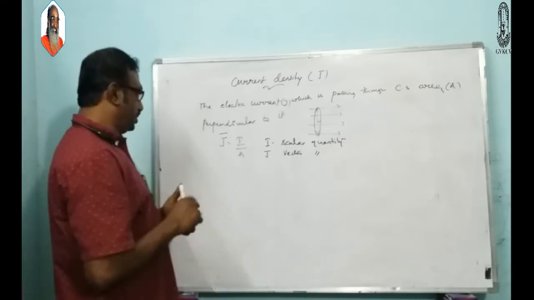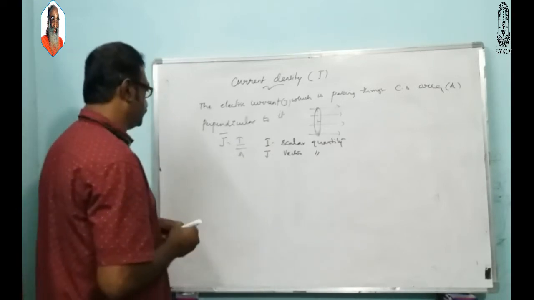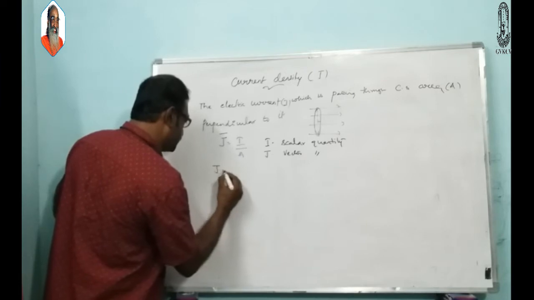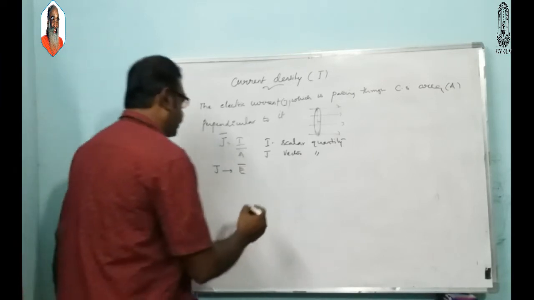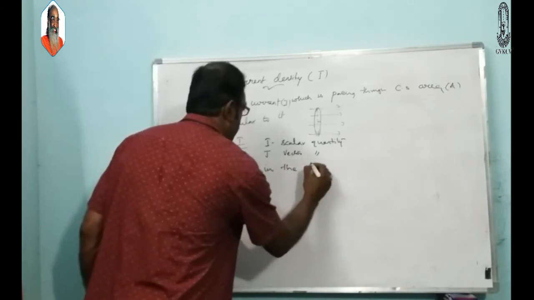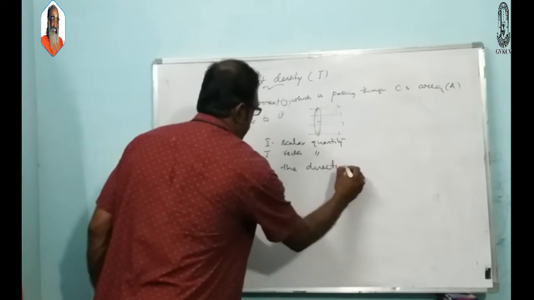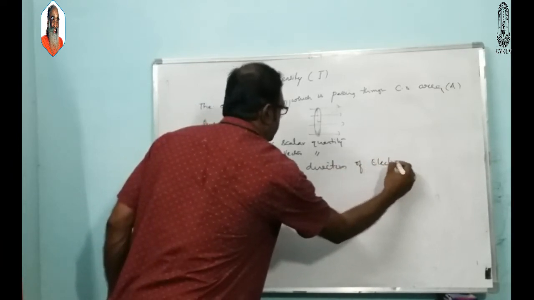Now if it is a vector quantity, what is its direction? J is in the direction of the electric field. That means your current density is in the direction of the electric field.